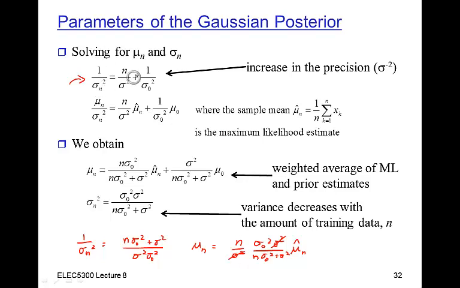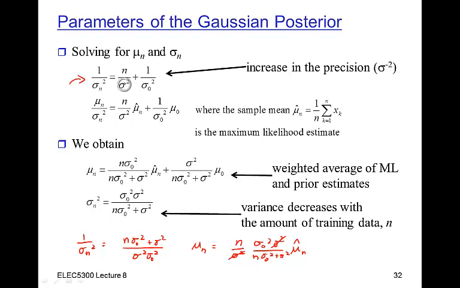And so I start out from an initial precision of 1 over sigma 0 squared. This is the variance of the initial distribution of the Gaussian. And after I collect n pieces of data, my precision goes up by an amount proportional to n, and also proportional to 1 over sigma squared, where sigma squared is the variance of the Gaussian variables.